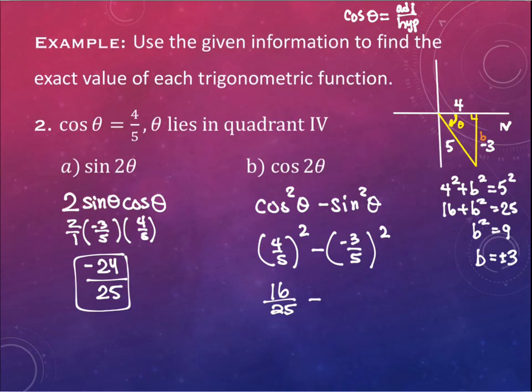It is negative, but what happens when I square a negative? It becomes positive. So I'm going to get a positive number. The negative in the middle is just coming from the formula, okay? So I'm not getting a negative number here when I square this. That negative is a part of the formula. So what is -3/5 squared? 9/25. And then what do we get when we subtract 16/25 minus 9/25? It'd be 7/25.